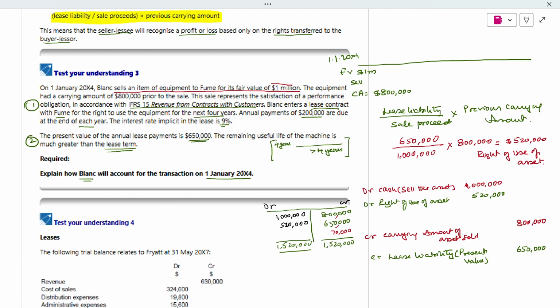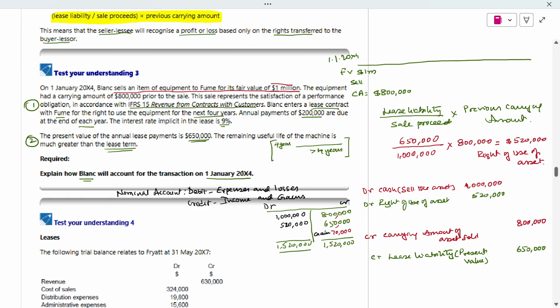Is it a profit or a loss? It is a gain, a profit.